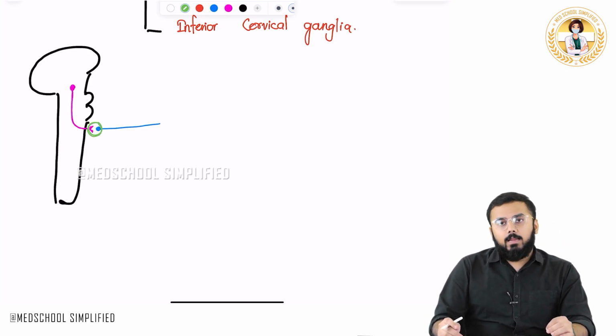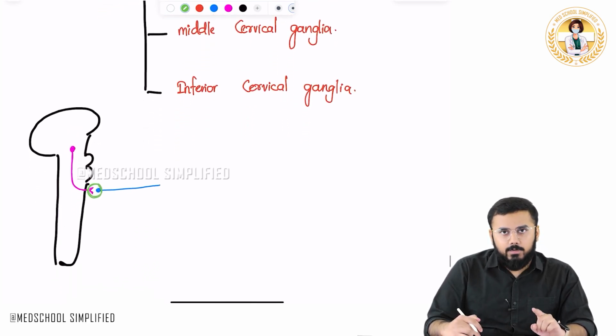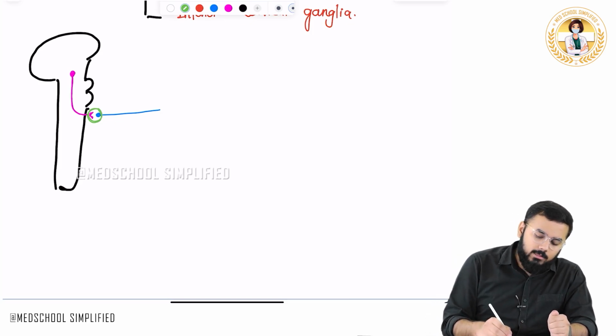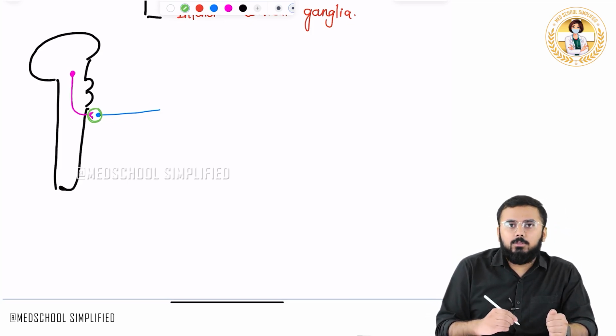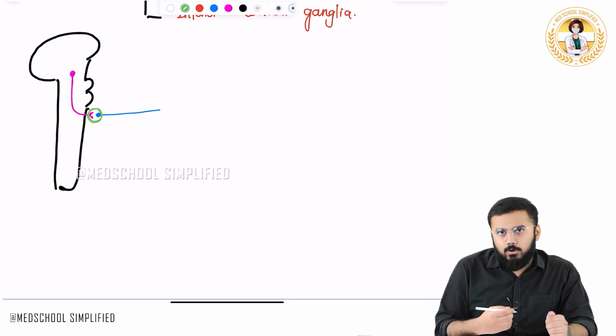So like this, how many ganglia have we got? We have got three: superior cervical, middle cervical and inferior cervical. Let us say this is the superior cervical ganglion. Now before the ganglion, this pink color neuron is called a preganglionic neuron. After the ganglion, this blue color neuron is called a postganglionic neuron.